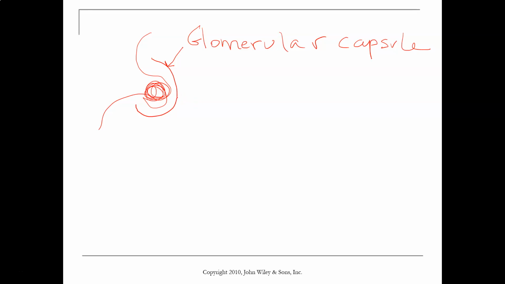After the glomerular capsule, there's a very squiggly part of the kidney tubule where it's highly folded. They call this the proximal convoluted tubule, or PCT for short. Convoluted means wavy. Okay. So that's the proximal convoluted tubule. You might remember the terms proximal and distal from your general anatomy.